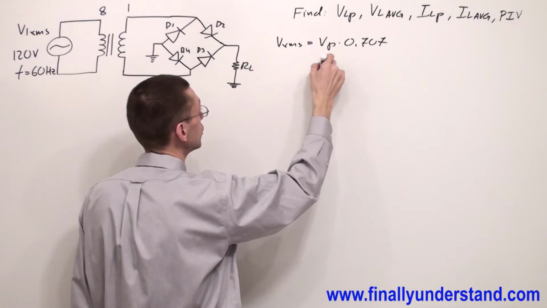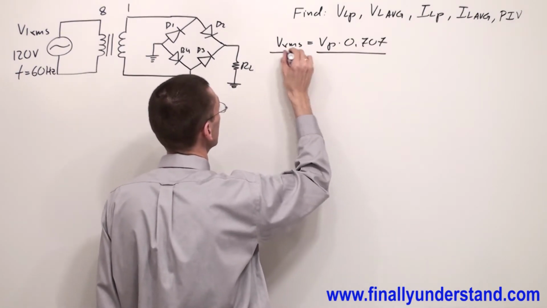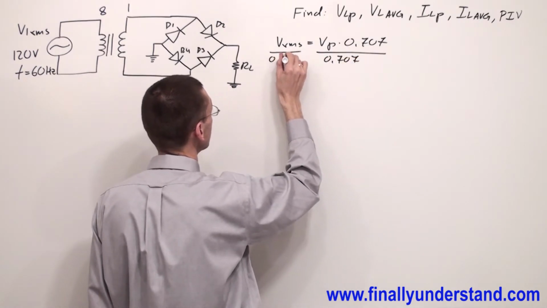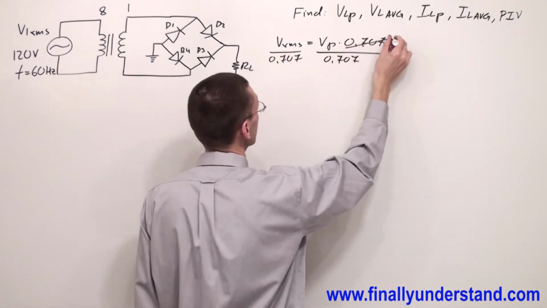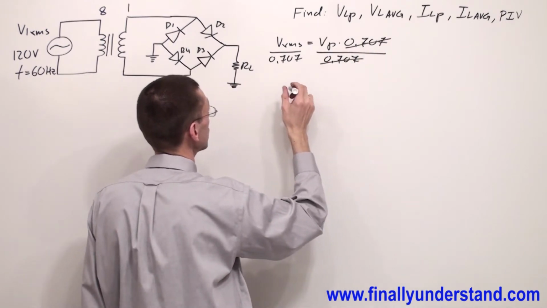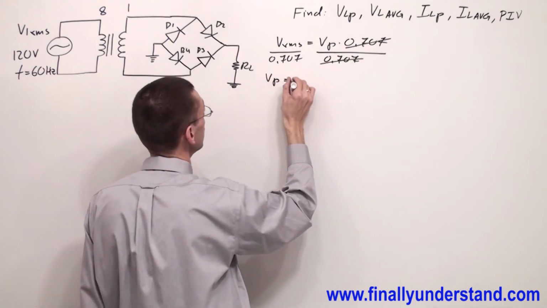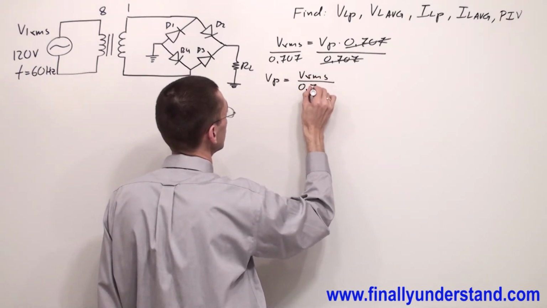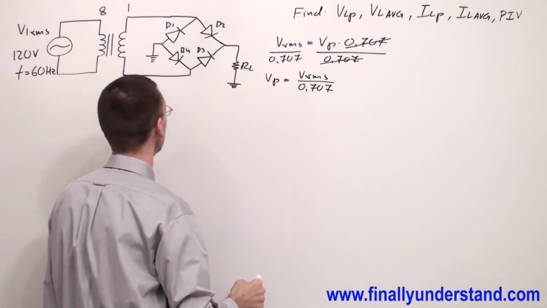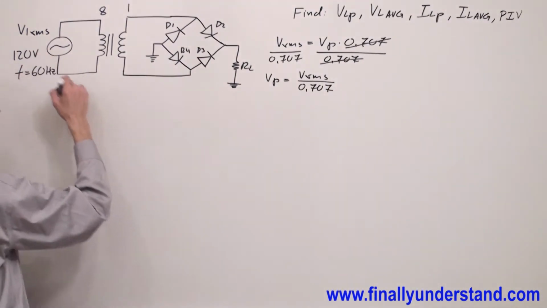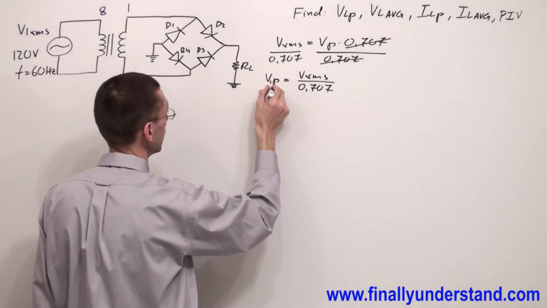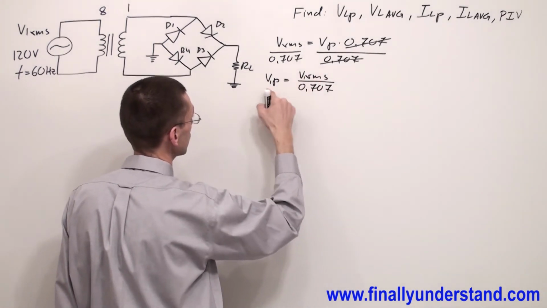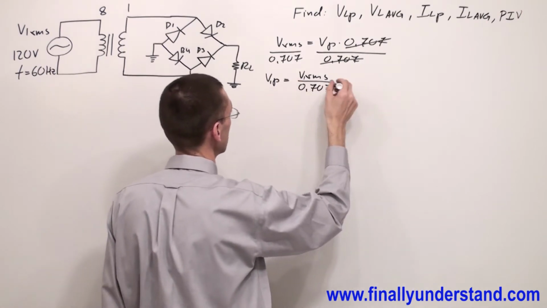In order to find voltage peak, I have to divide both sides of the equation by 0.707. 0.707 and 0.707 will cancel out, and I have voltage peak equals V RMS over 0.707. Because I'm looking for the primary voltage, I'm going to write my primary voltage peak, and primary RMS has to be converted to voltage peak. That's why I wrote 1 over here.